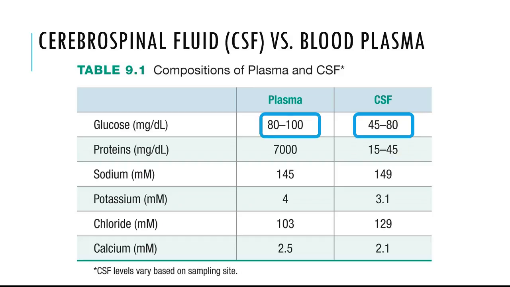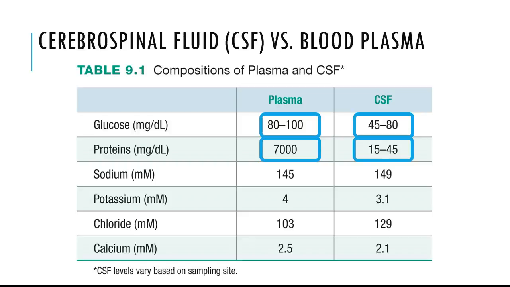Our protein levels in our cerebral spinal fluid, what in comparison to the blood plasma? Minute, right? 15 milligrams per deciliter to 45 compared to 7,000, reiterating the restrictiveness of the blood-brain barrier in the central nervous system. Sodium, not too different.